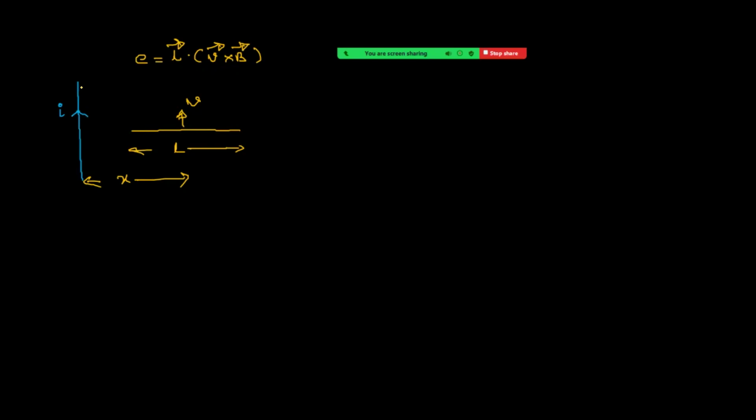B bar will be because of this current carrying wire. To the right of this wire, at any point, the field is into the board. To the left of this wire, at any point, the field is outwards, towards us, right? So the modulus value is L into V into B, because all these three vectors are mutually perpendicular, right?